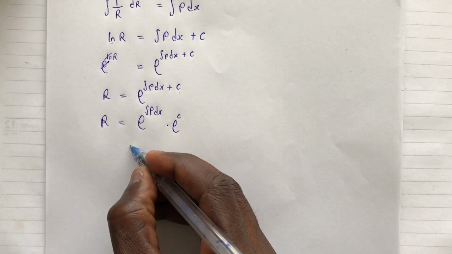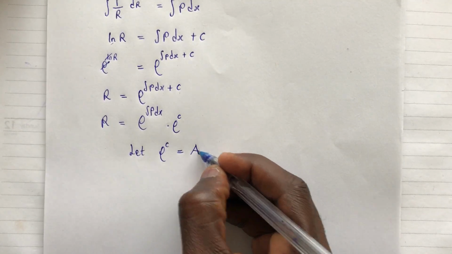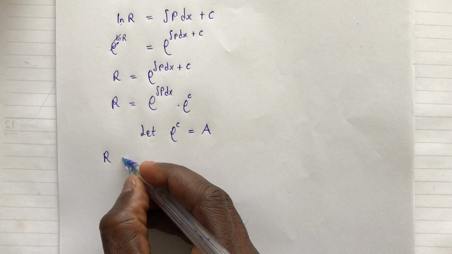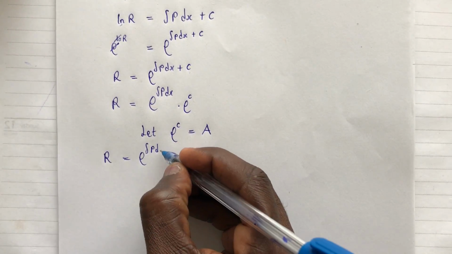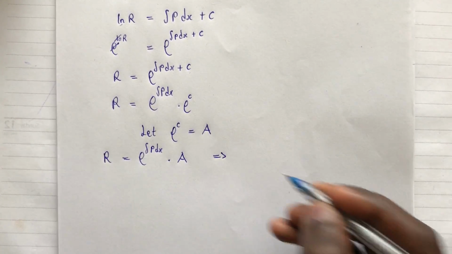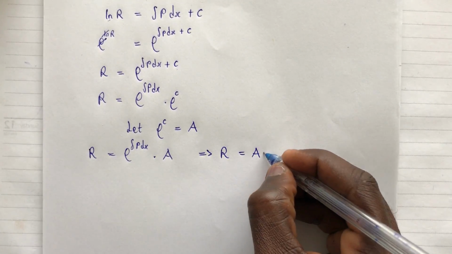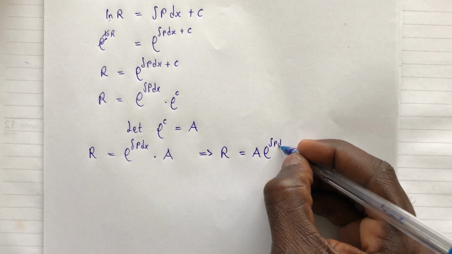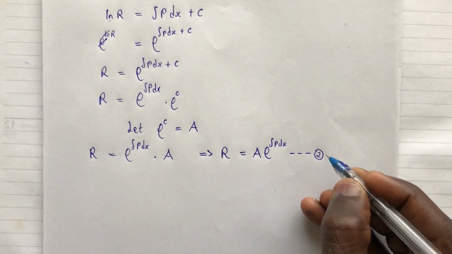So we can say that let e to power c be equal to a, and the equation becomes r equals e exponent integral p dx times a, and this is the same as r equals a e to the integral of p dx. Now let's label this one equation 2.